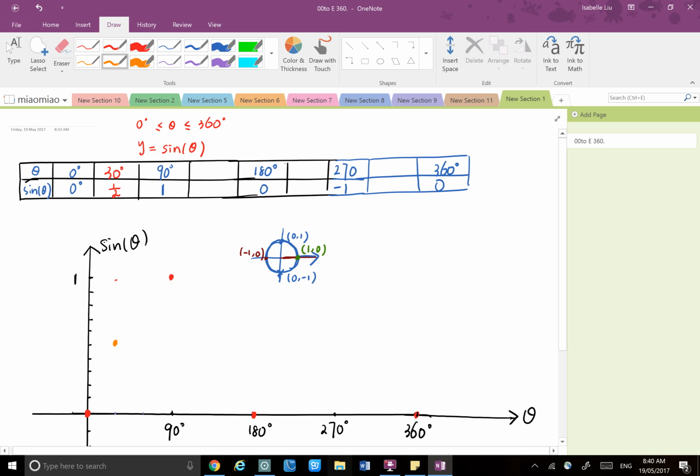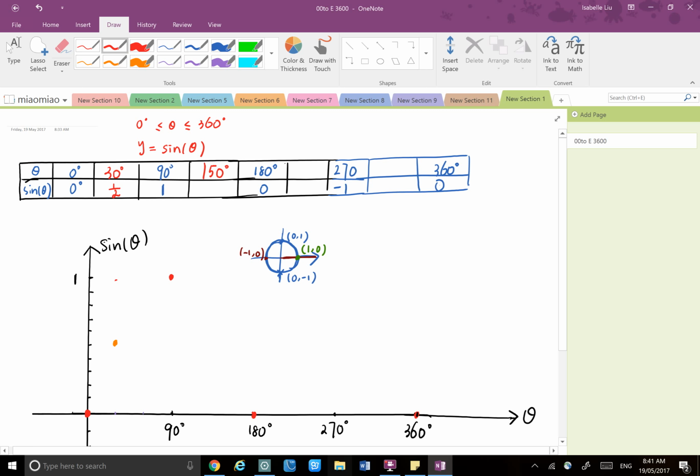In between 90 and 180 degrees, let's say 120. Let's make an easier number, 150. What will 150 give us? Have a think how to calculate sine 150.